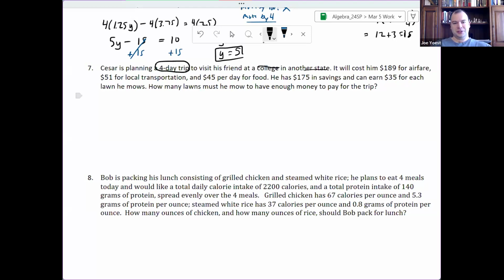So what is his cost going to be? It's going to be $189 for airfare, $51 for local transportation, and $45 per day, so 45 times 4 days for food.